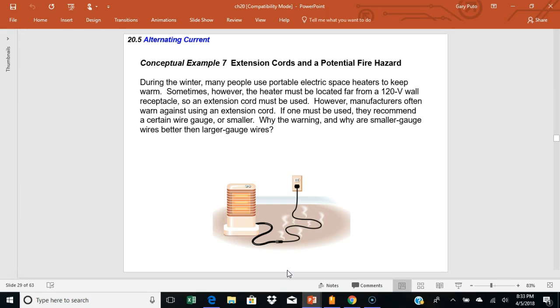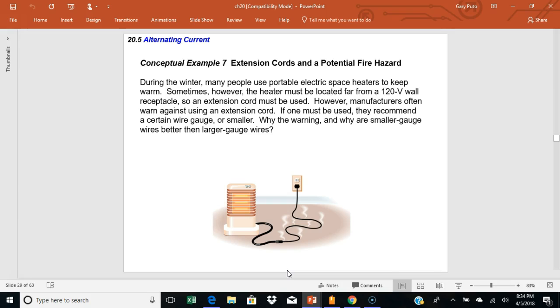Why are smaller gauge wires better than larger gauge wires? Resistance is equal to the resistivity of the material times length divided by the area. Go back to the extension cord example, where we said a smaller gauge wire is a thicker wire, with less resistance, so it's not going to heat up. Again, that's slide 14.